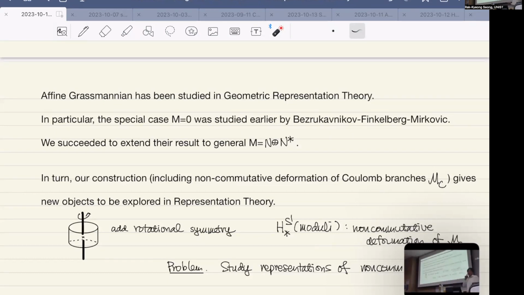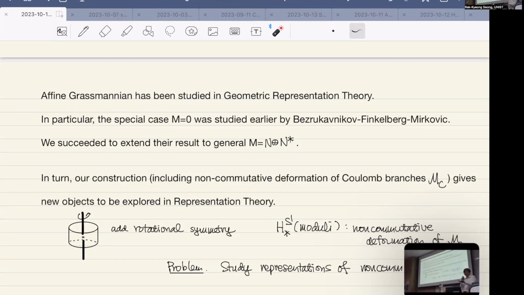In fact, the Coulomb branch, or its coordinate ring, is a Poisson algebra. And this Poisson bracket is given by this non-commutative deformation. Once you have the deformation in the non-commutative direction, then if you have two functions f and g, you extend them to the non-commutative setting and take the commutator. And if you reduce to the deformation parameter zero, then you take its leading part.